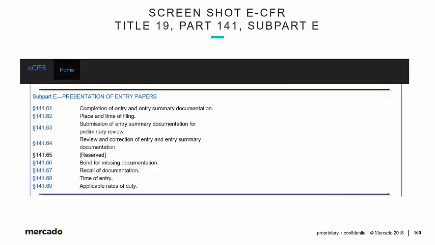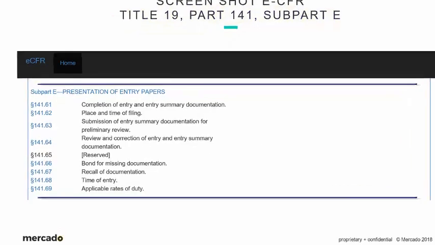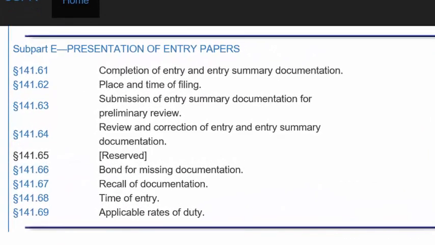Another example we took from Title 19, Part 141 is Subpart E, the presentation of entry papers, meaning entry summary, the information off of commercial docs, like the commercial invoice, packing list, the transport doc, the bill of lading, and how it gets into the electronic filing tool that self-filers or customs brokers use to submit through ACE. A couple of details here. 141.61, completion of entry and entry summary documentation.